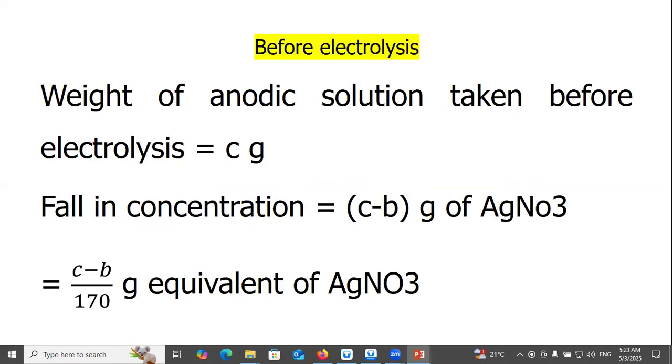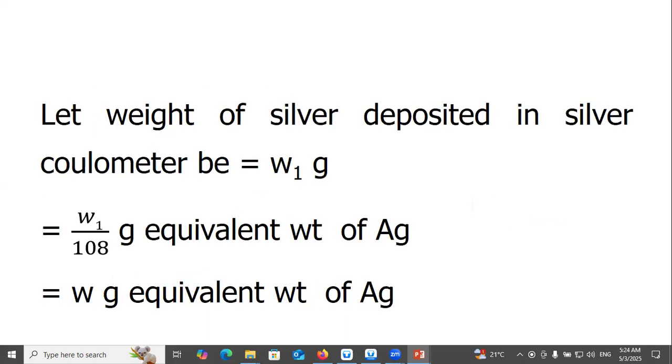Before electrolysis, the weight of anodic solution taken is C gram. Fall in concentration is C minus B gram, so C minus B over 170 gram equivalent of silver nitrate, equal to D gram equivalent. Let the weight of silver deposited in the silver coulometer be W1 gram, equal to W1 over 108 gram equivalent of silver, equal to W gram equivalent of silver.